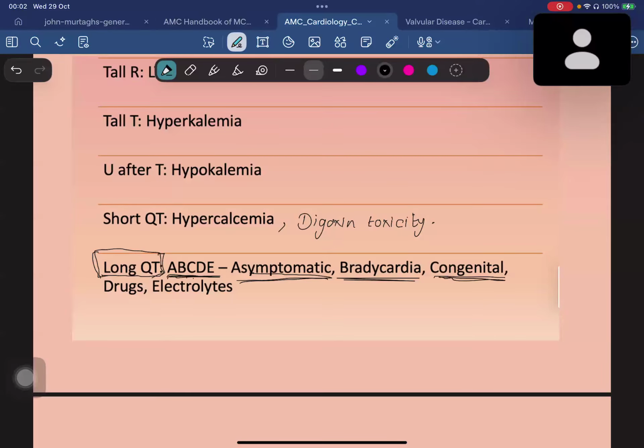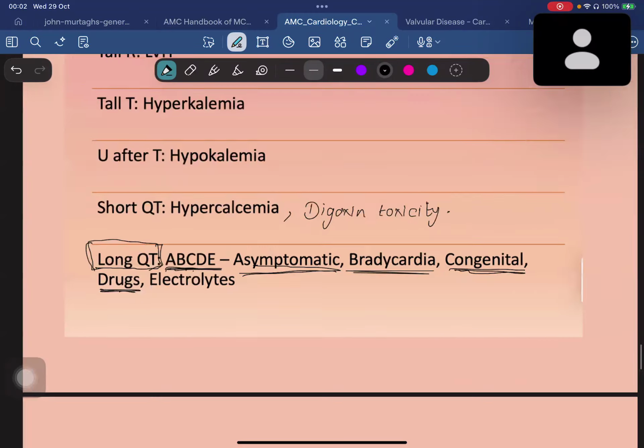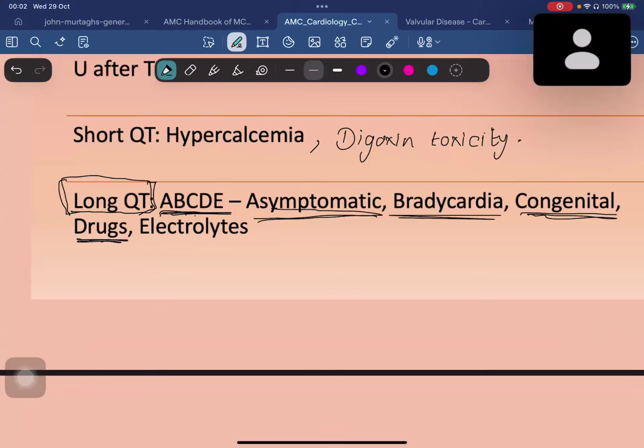There could be congenital problems in that patient, or it could also be due to drugs, a certain set of drugs. I'll also tell you all a little mnemonic I remembered for this set of drugs. I think it was DASH takes ACE inhibitors.